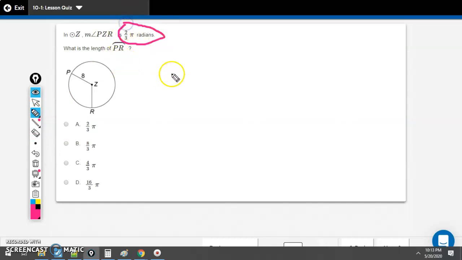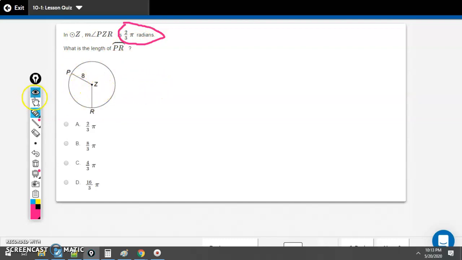If you didn't, then you might not know what a radian is. But a radian is another name for a different type of angle, okay? So they're measuring the angle with relationship to the radius. That's why I call it radian. We won't go into the details of that, but 2 pi is a whole 360, so 2/3 pi radians is the measure of this angle PR.